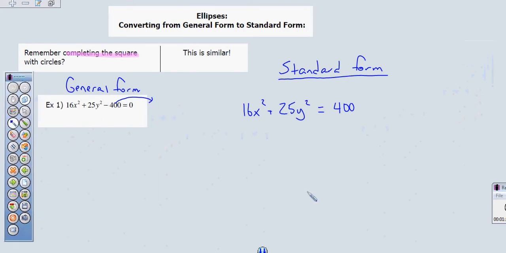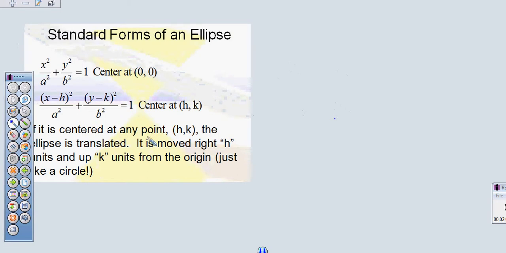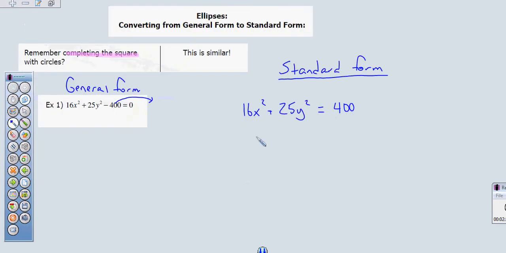Once we're organized, we look at this and say, okay, well, we have a problem. Our problem is that when we're in standard form, we're always set equal to 1. Alright, well, how could we get this equation set equal to 1? Plus, we don't have any denominators.